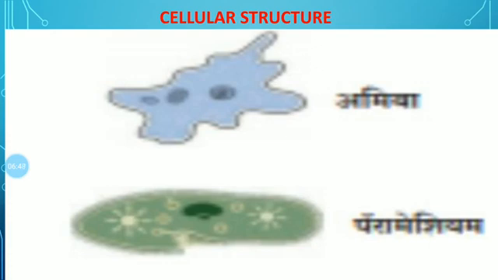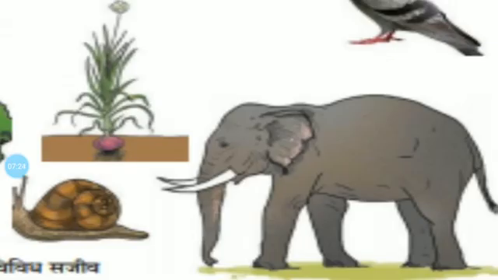The amoeba and some other microorganisms are unicellular, while man, cow, mouse, cockroach, elephant, banyan tree, onion plant, pigeon, these are multicellular organisms or animals. We can observe the pictures present on the screen. See here.